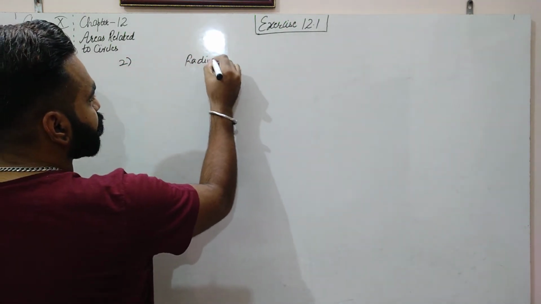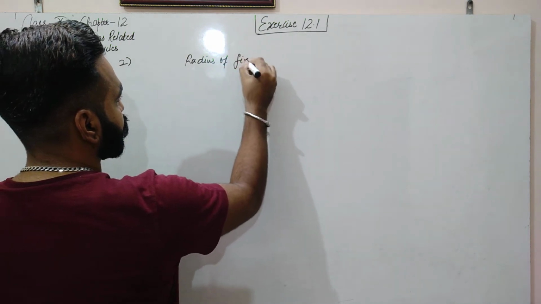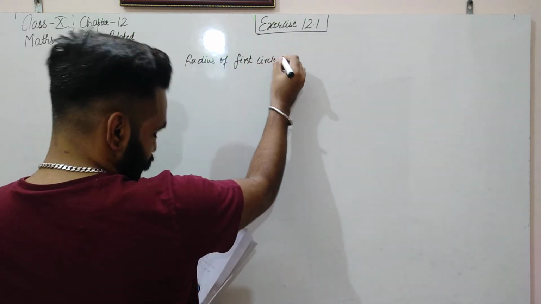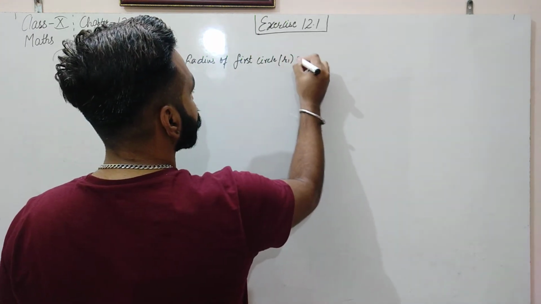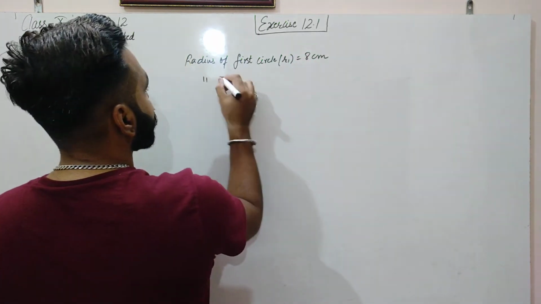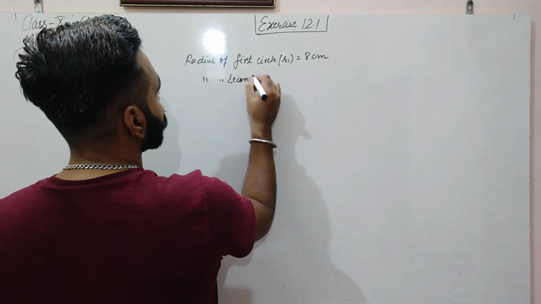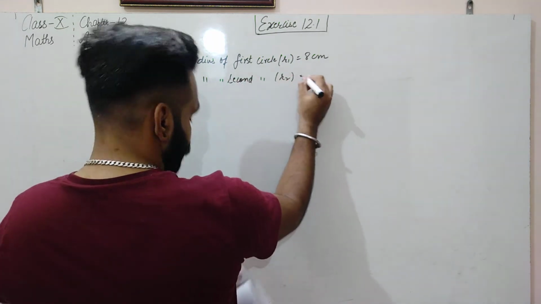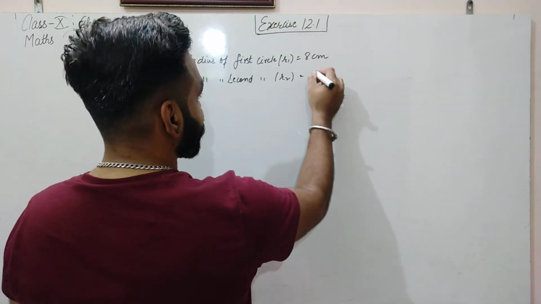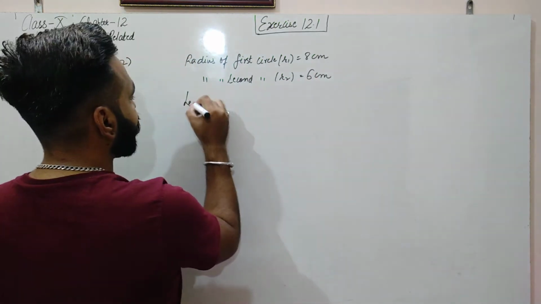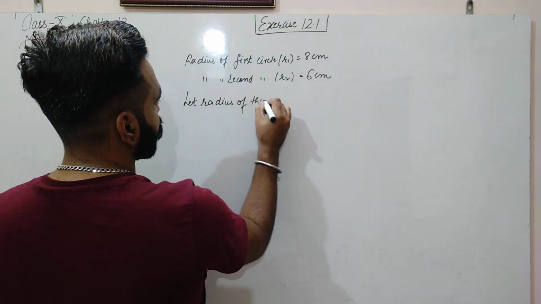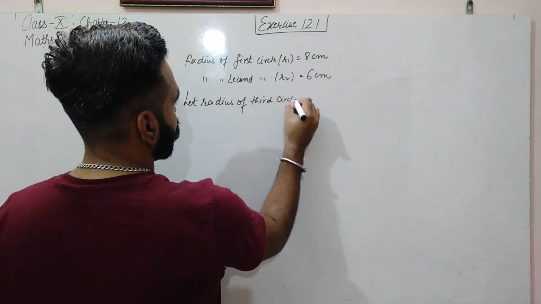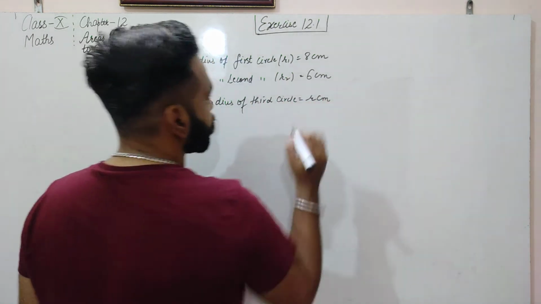Radius of first circle equals 8 centimeter. Let us say this is r1. Radius of second circle, that is r2, equals 6 centimeter. And let the radius of the third circle be r centimeter.